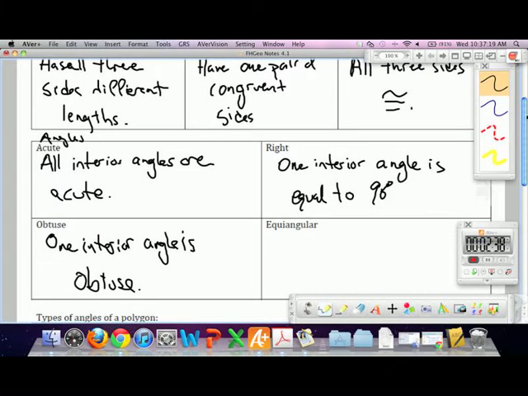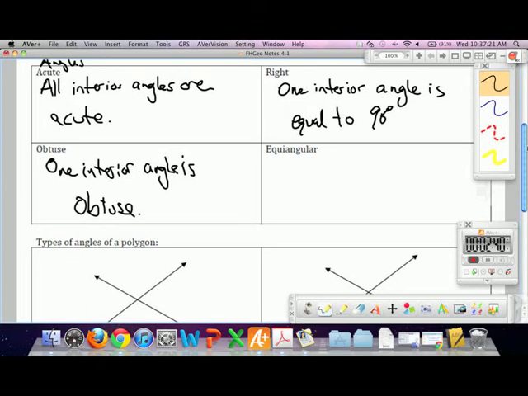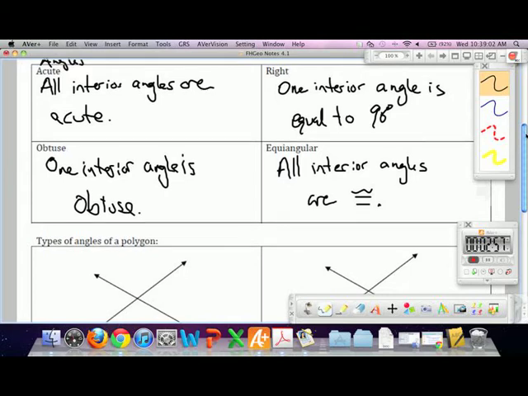And an equiangular triangle has all interior angles congruent.